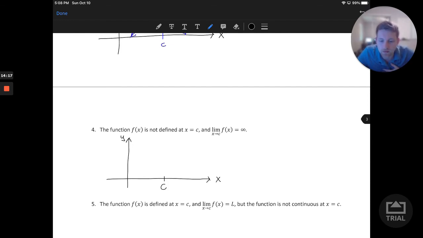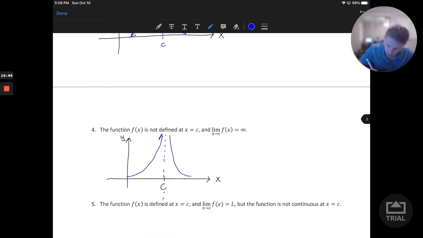We know this is undefined, but we know the limit exists at infinity. So that would mean we have both sides, the left and right side, approaching infinity. And so in a way, we can consider this as an asymptote, an undefined value at c. And then our function, we could say, is approaching that infinity value from both the left and the right.